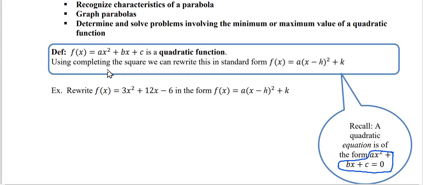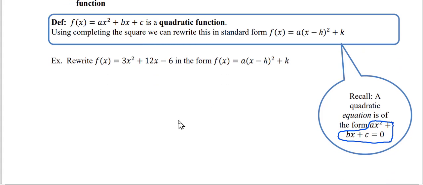We can use completing the square to rewrite this in what we would call the standard form of the quadratic function. Let's try that here. Let's start with f of x equals 3x squared plus 12x minus 6. Notice that this is a function, so it's not an equation, so we're limited on what we can do to it. We can't add and subtract things.